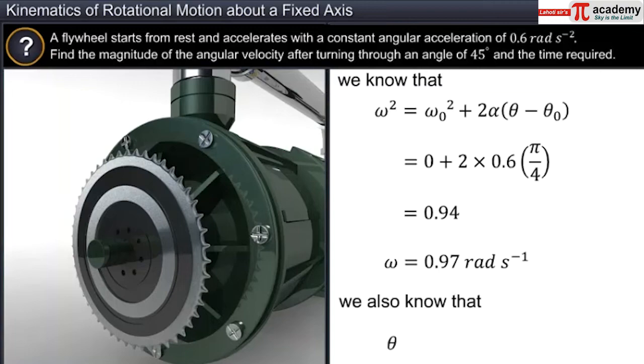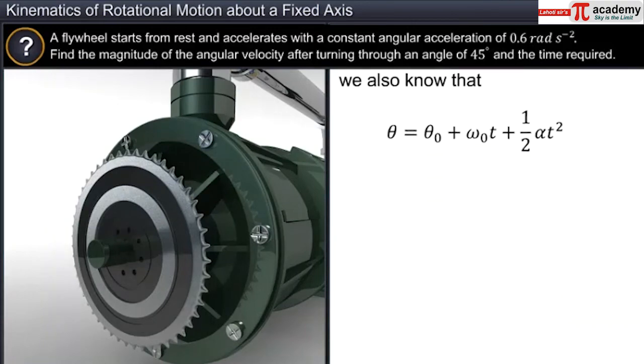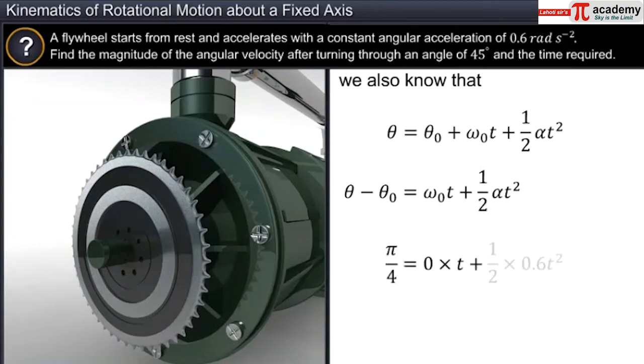We also know that theta is equal to theta naught plus omega naught t plus half alpha t square, which is equal to theta minus theta naught equal to omega naught t plus half alpha t square. So, pi by 4 is equal to 0 into t plus half into 0.6 t square. Hence, t square is equal to 2.62 and t is equal to 1.62 seconds.